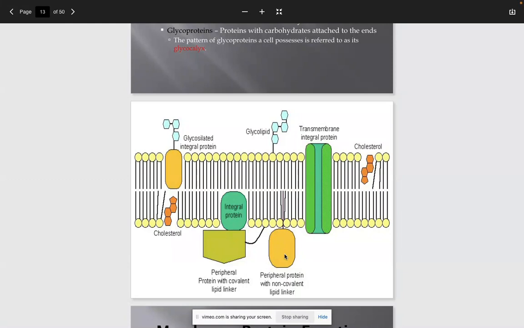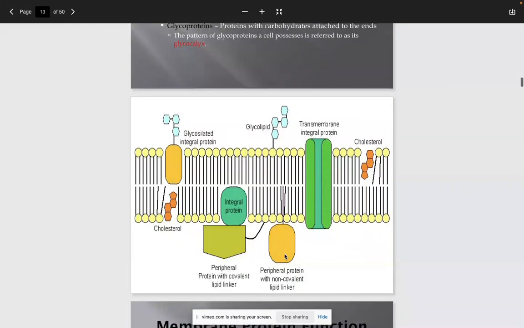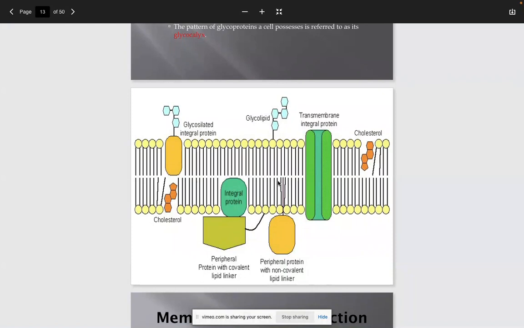This is going to be a protein attached to a carbohydrate, or a lipid attached to a carbohydrate. This is going to be able to attach to things. And again, this is the phospholipid. This is going to be the polar head containing phosphate. This is going to be the hydrophobic nonpolar tail containing the fatty acid chain.